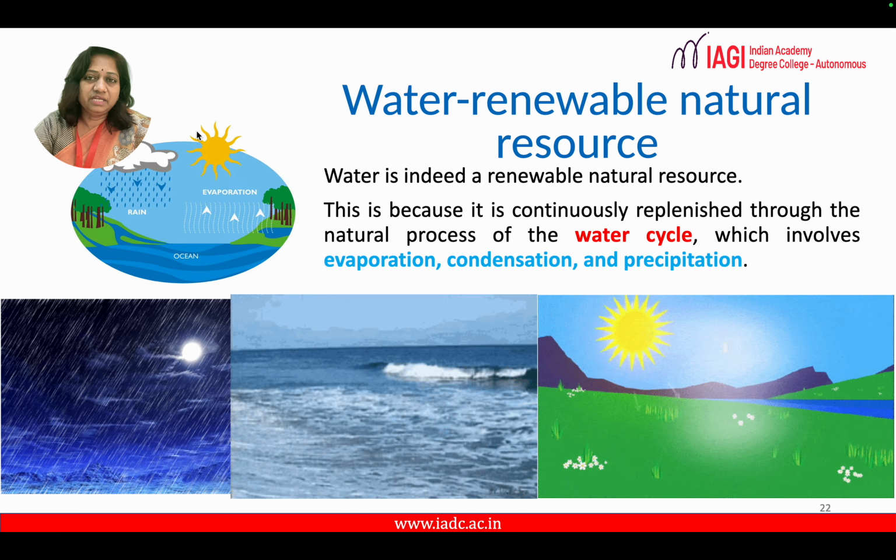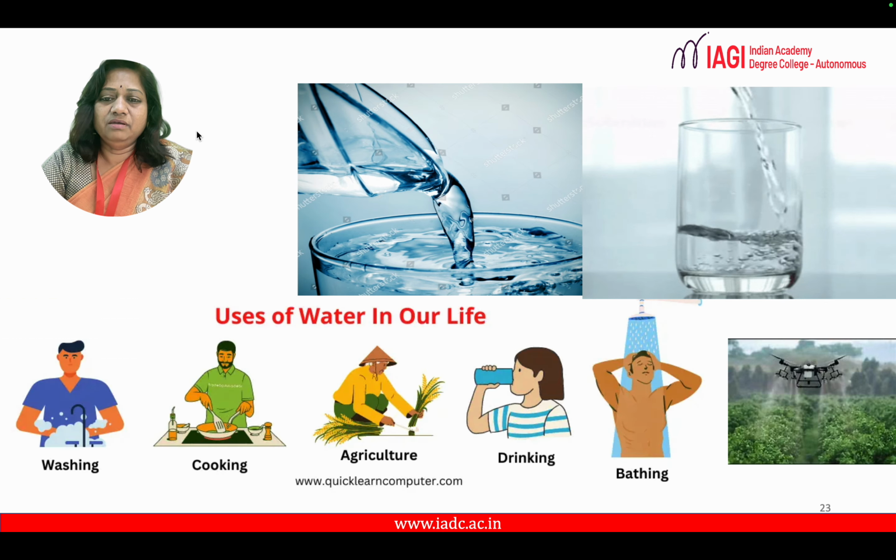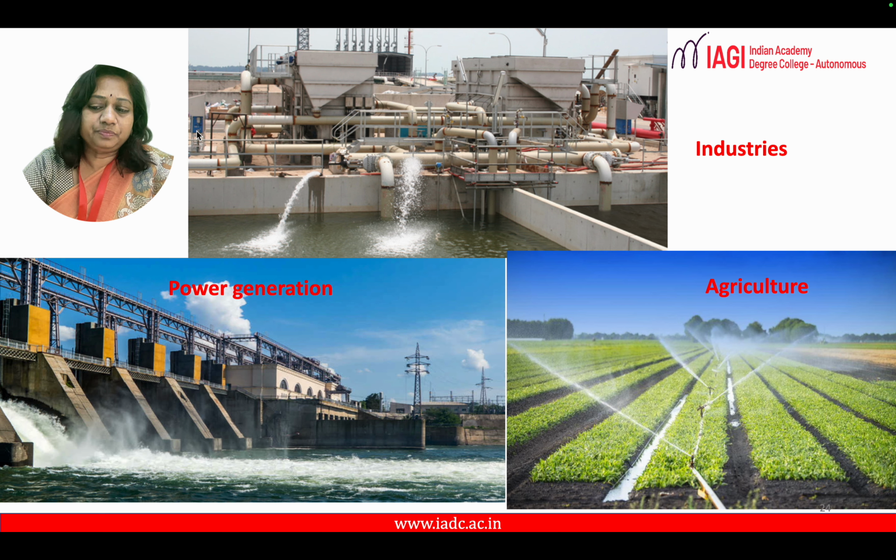So it is replenished. This is the cycle by which water is regenerated, and we use this water for drinking, cooking, bathing, for our fields and many other purposes. Water can be used in industries, in agriculture, and also for generation of electricity.